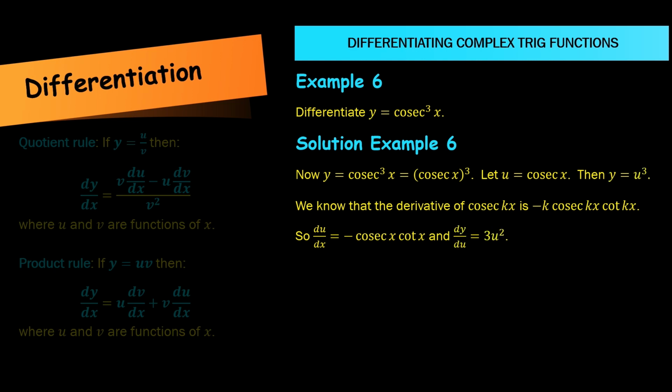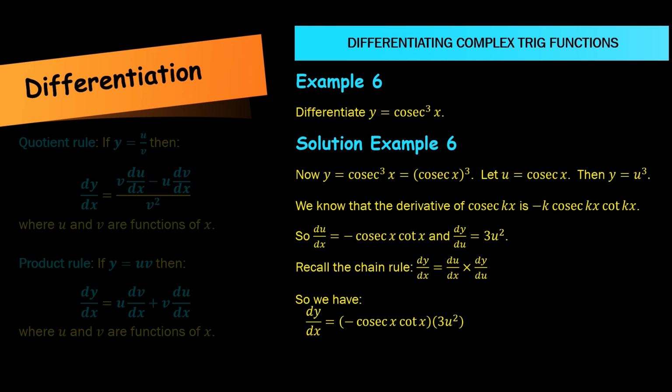Let's now apply the chain rule to give us dy/dx equals minus cosec x cot x times 3u squared.